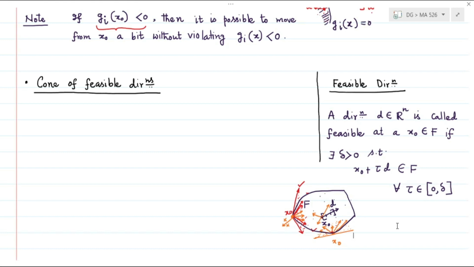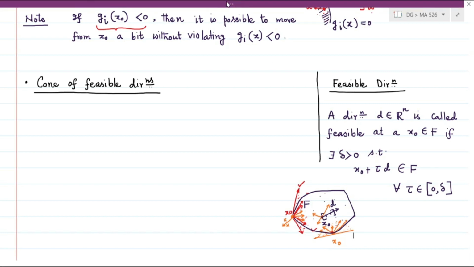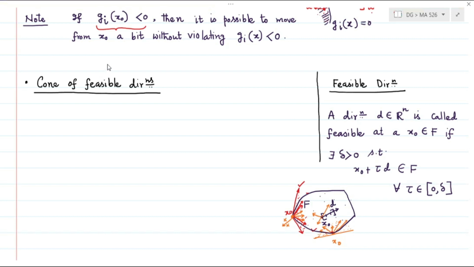Now with the help of the idea of feasible direction, consider at a feasible point the set of all directions that are feasible, and these will surprisingly constitute a cone, and that cone is called a cone of feasible directions. Let x naught be a feasible point.